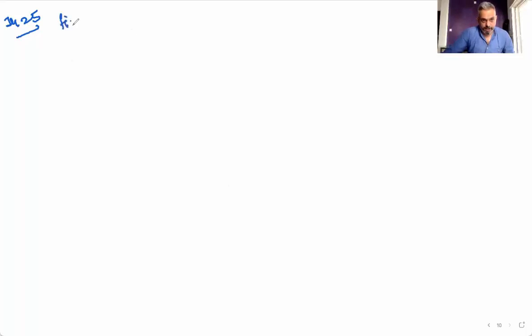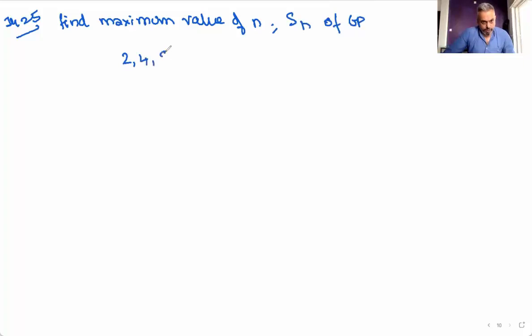So we have to find the maximum value of n such that the sum of the first n terms of the GP 2, 4, 8, 16 does not exceed 5,000.